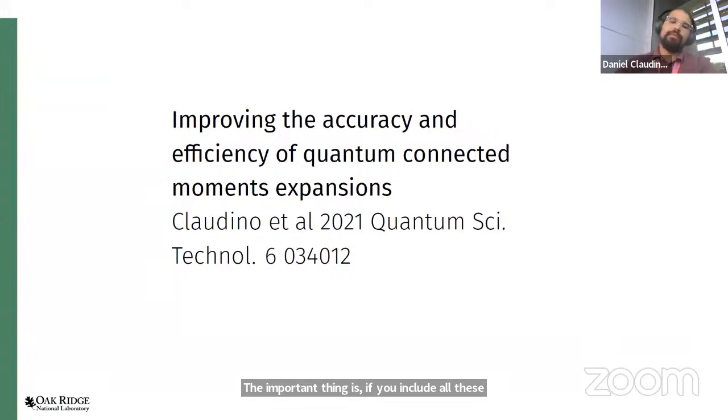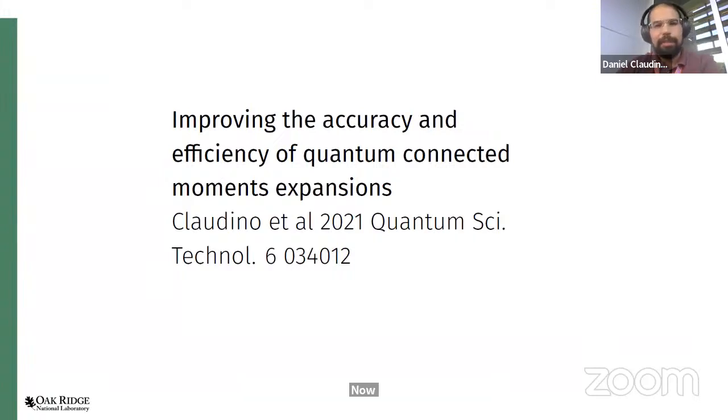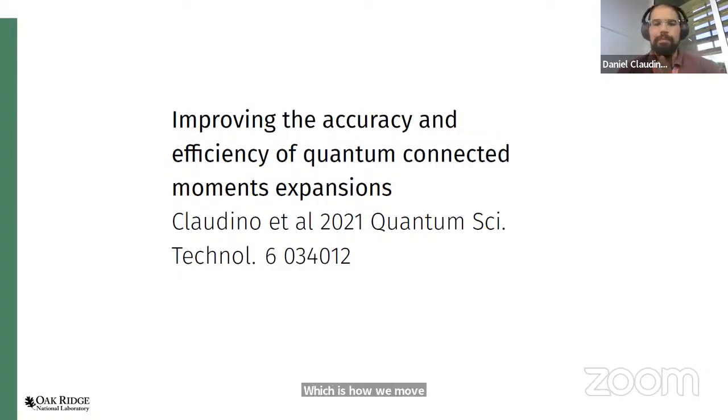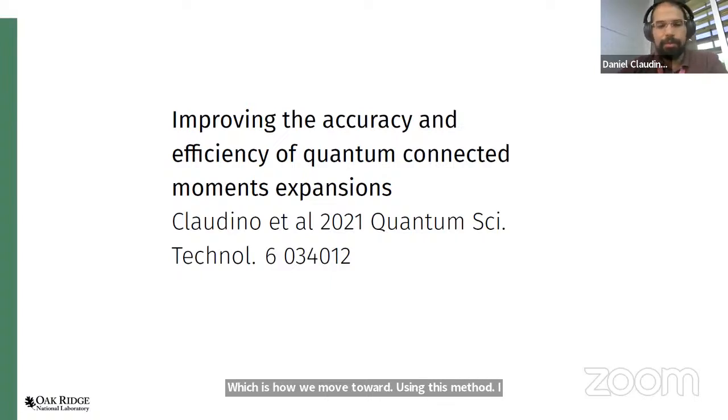Okay, now that I gave some background, I'm going to start talking about this paper that we published a couple of years ago, which is how we move toward making this method more amenable to hardware.